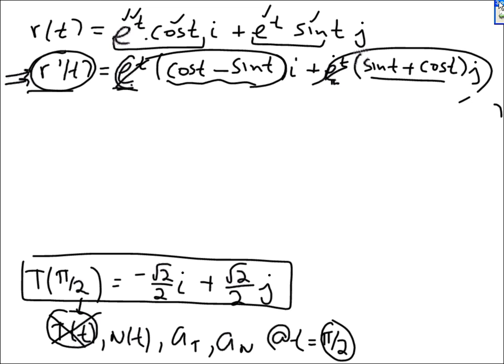So a of t is just the derivative of this. You take the derivative of the i, then you take the derivative of the j, and you add them together.